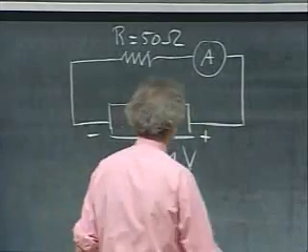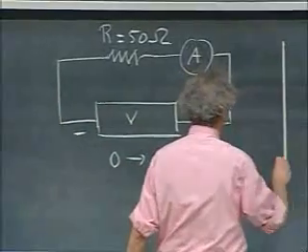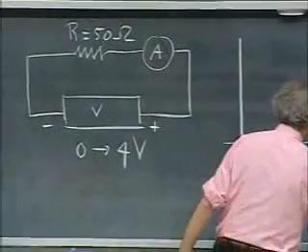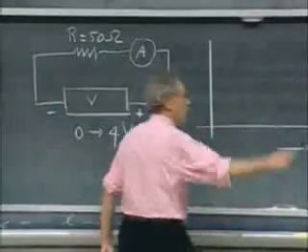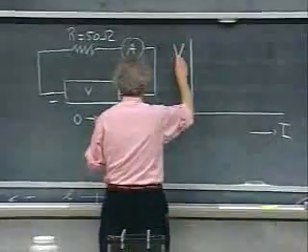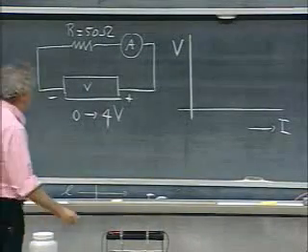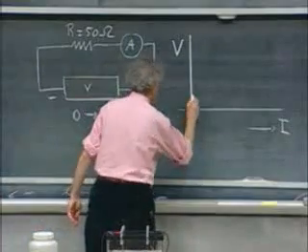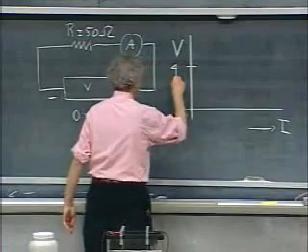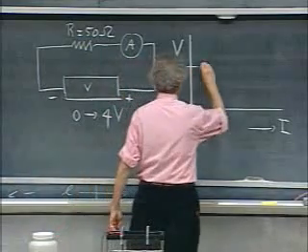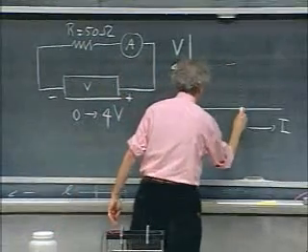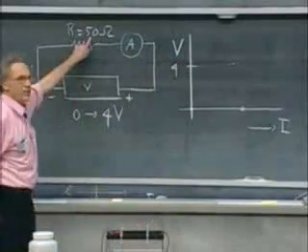And I'm going to show you on an oscilloscope. We've never discussed an oscilloscope, but maybe we will in the future. I'm going to show you there, projected, the voltage, which goes from 0 to 4, versus the current. And so it will start here, and by the time we reach 4 volts, we would have reached a current of 4 divided by 50.